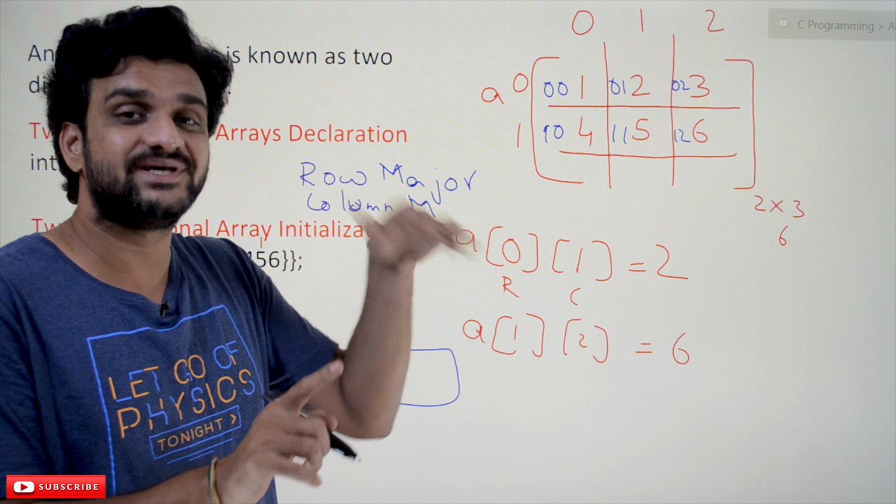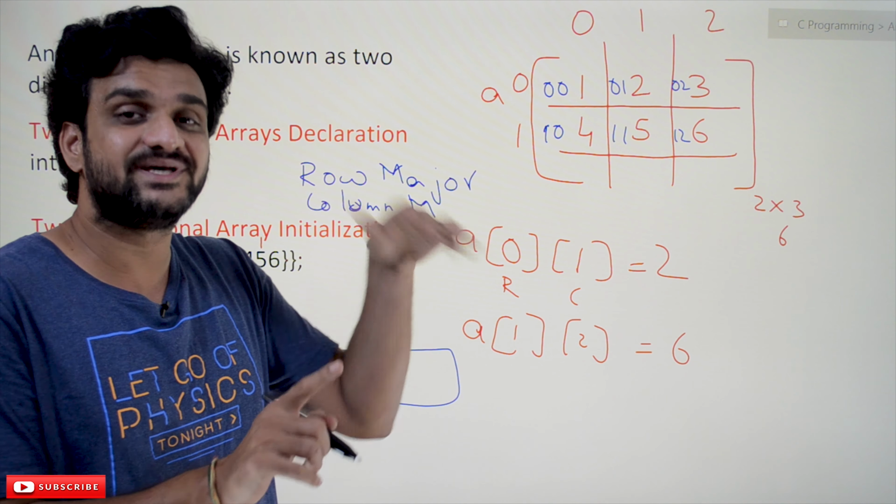Similarly, if the compiler is using column major order, the things will get stored column by column. So first this column, next this column, next this column, the elements will get stored one after the other.